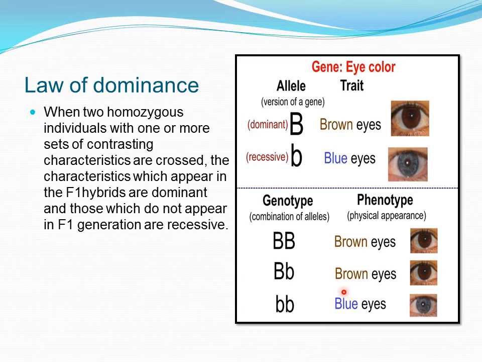The recessive character will not appear in the F1 generation. So none of the children will have blue eyes, which is a recessive character.